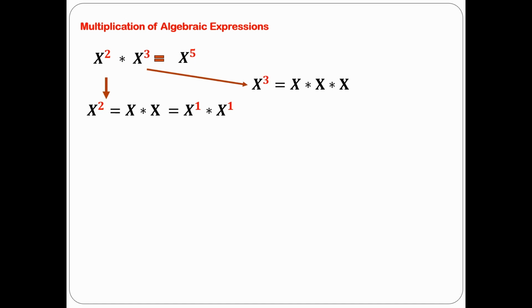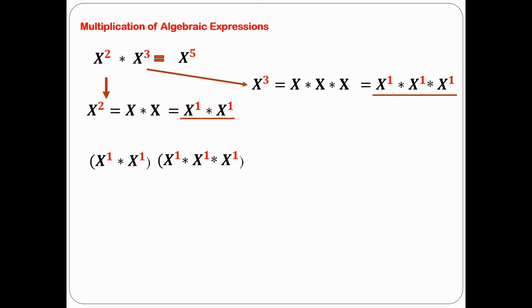X to the third power is basically x times x times x. And each x has the power of 1. So when we combine two x variables and three x variables, we get 5 x variables that we are going to multiply. So adding this, we get x to the power of 5.